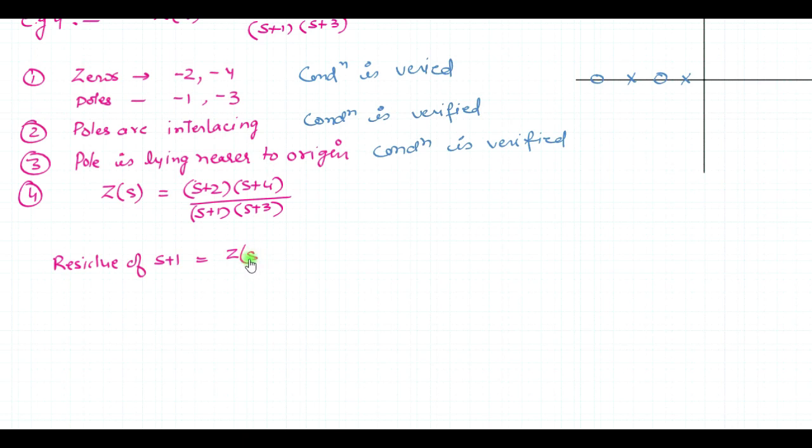it will be calculated as multiplying ZS with the given pole s plus 1 and then substituting s equal to minus 1. On multiplying this s plus 1 with ZS, this s plus 1 will cancel out, and we will get (s plus 2) into (s plus 4) whole divided by (s plus 3), and we will substitute s equal to minus 1.